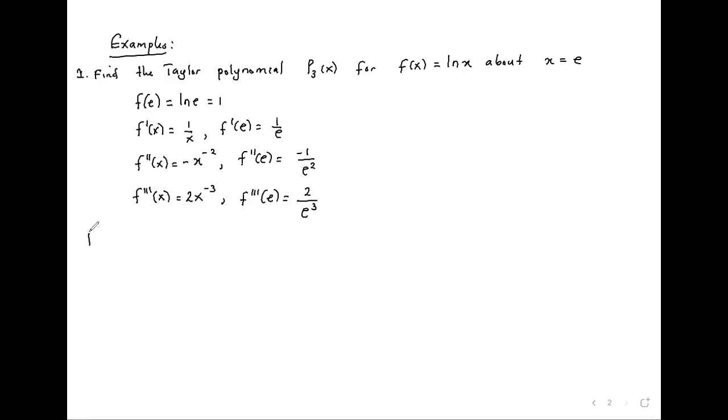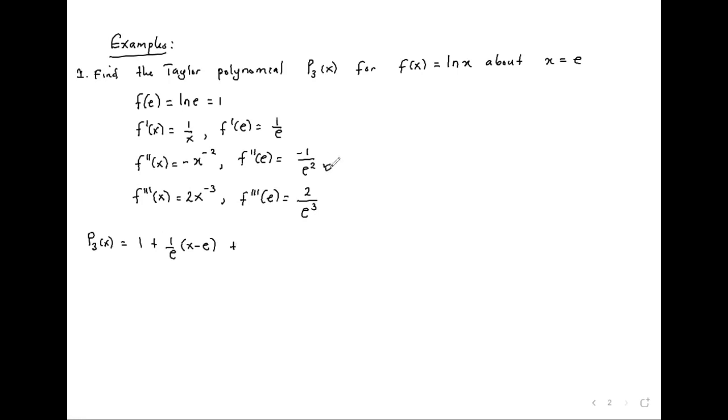Then now we write P3(x). The first one is supposed to be f(e). So f(e) is 1, plus the second one, 1 over e, that is f prime, multiplied by x minus e, plus, now we have a minus 1.